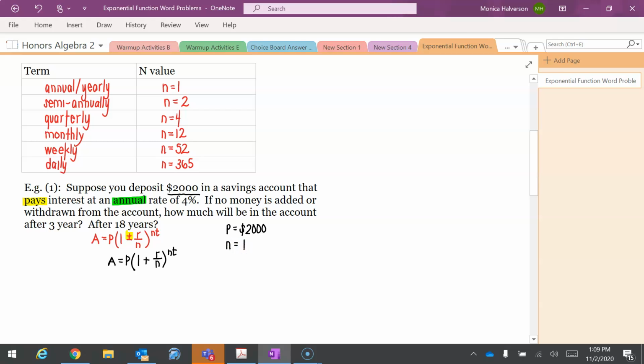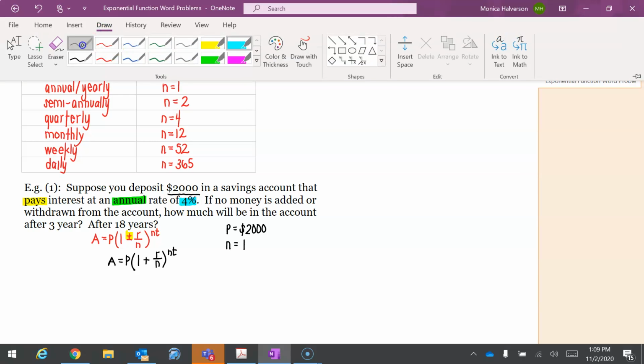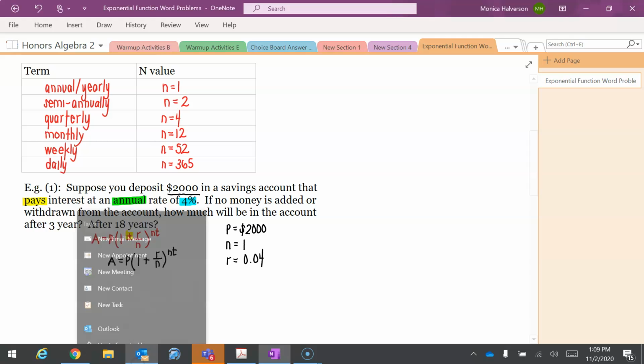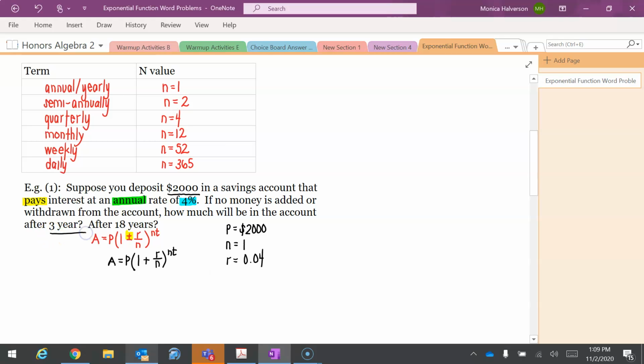Our rate of 4%, we have to convert that into a decimal, which means our rate is going to be 0.04. If no money is added or withdrawn from the account, how much will be in the account after 3 years? That is our time. Time is 3.